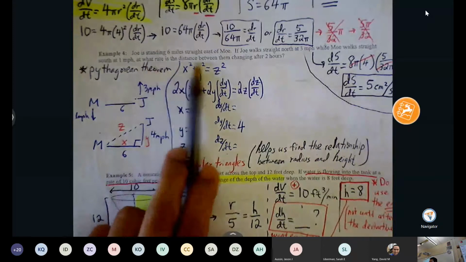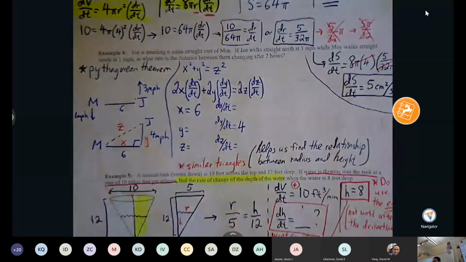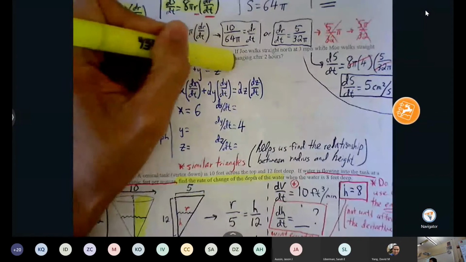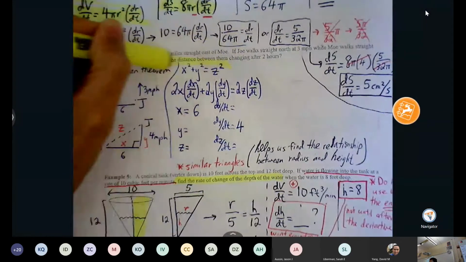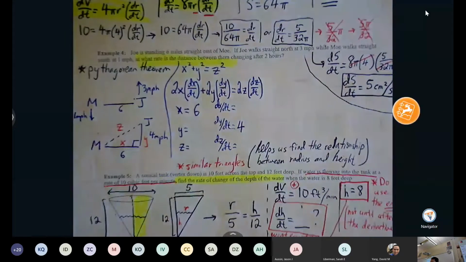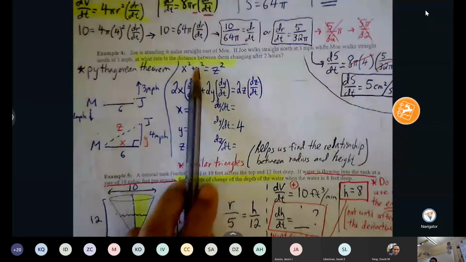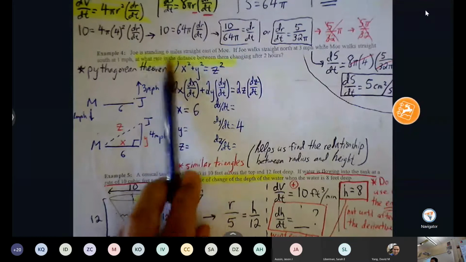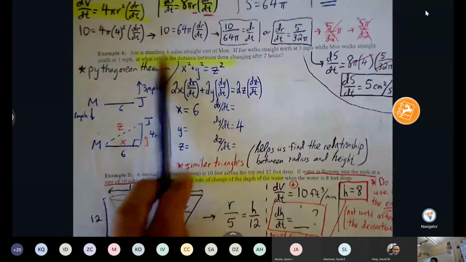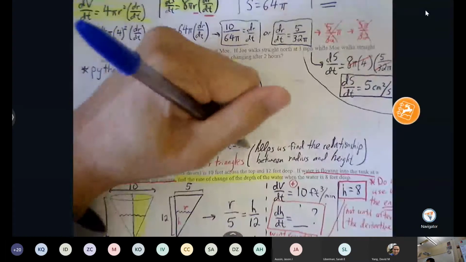Okay. Let's look at what we're trying to find here. At what rate is the distance between them changing? What variable is that talking about? z. Okay, dz dt, and it's a rate, so it's dz dt. So that's the unknown.